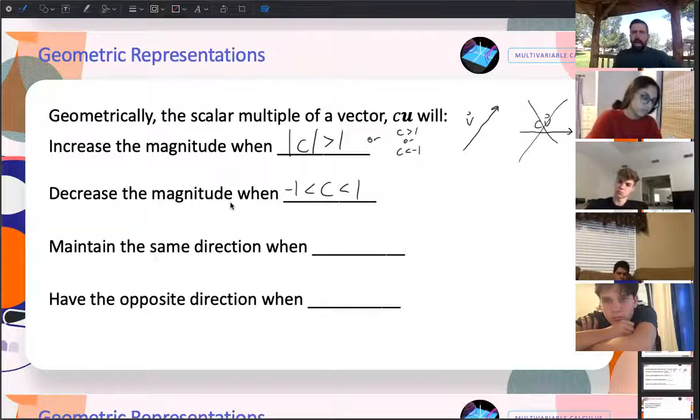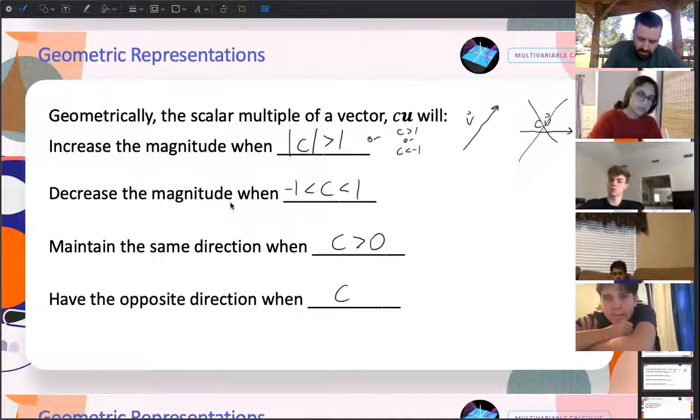Right? If you have a half times v, you'll get something half the length. If you have -1/3, it'll be a third the length and go the opposite direction. So we maintain the same direction when c is positive and go the opposite direction when c is negative.